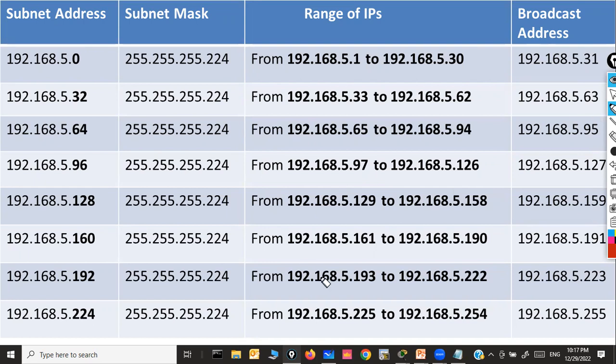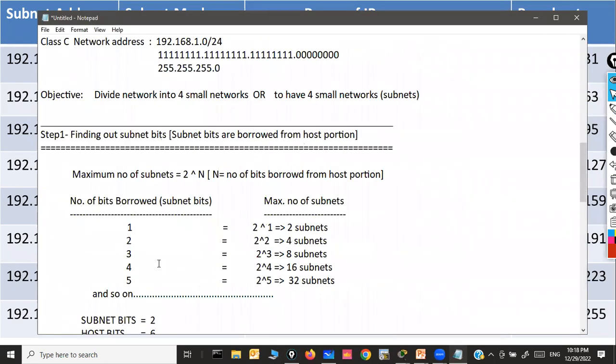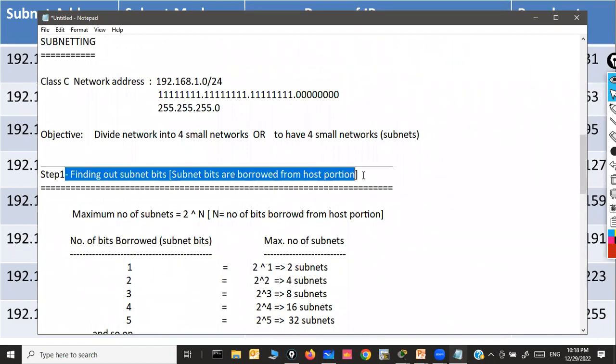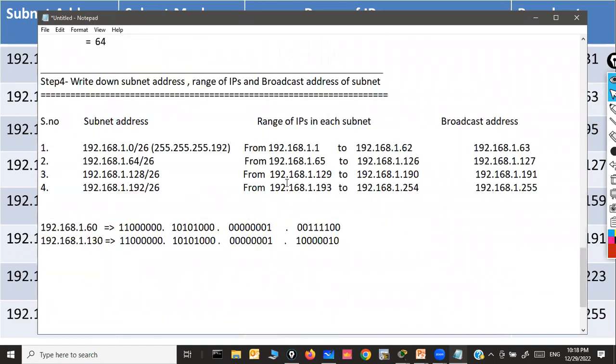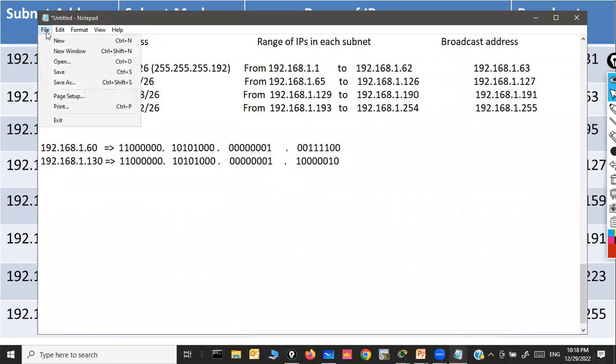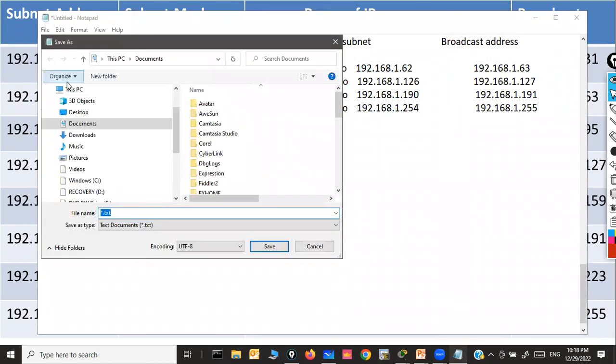The rule will remain the same. I'm not going to use any other rule. The same method, 4 steps only. First, finding out the subnet bits, then writing down the subnet mask in binary. That's how you will have to do the computation.